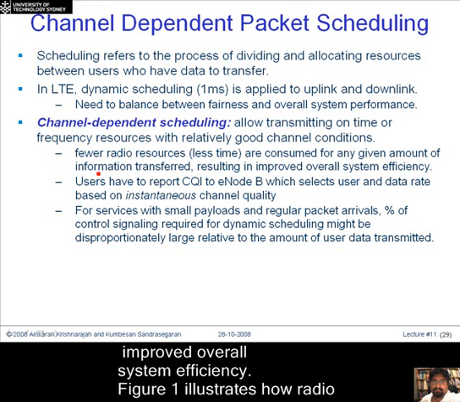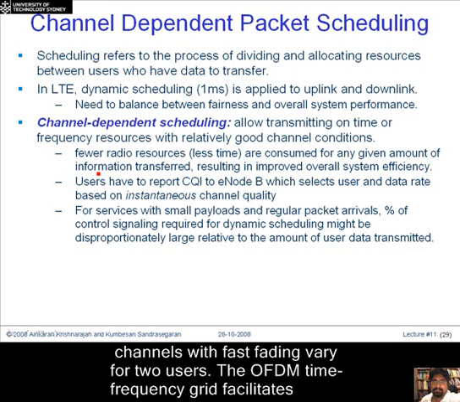So this mechanism requires that users are continuously reporting the channel quality. Okay, so this is called CQI, or channel quality indicator, to the node B, which then selects the user and the data rate based on the instantaneous channel quality.